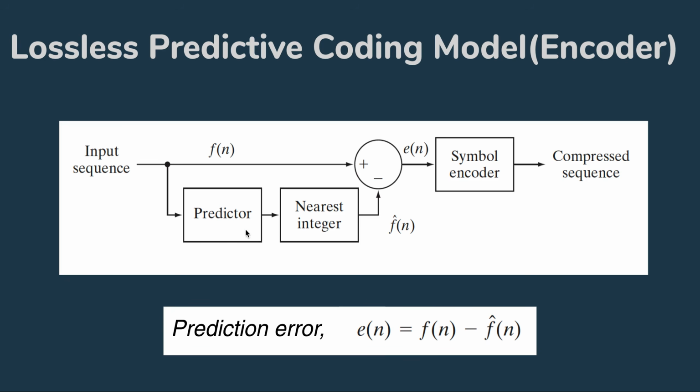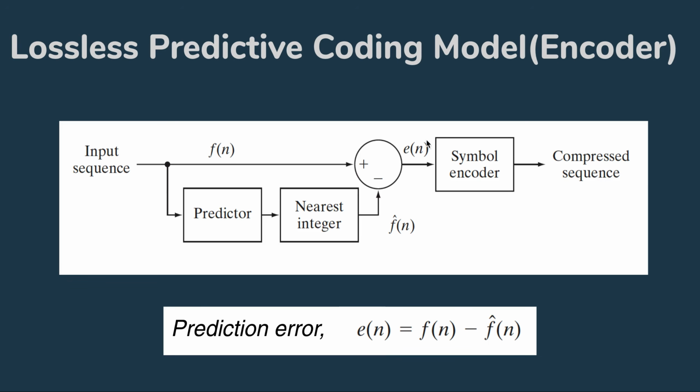The predictor will be taking the values of f of n or its previous values, then it will calculate a new value, and we will round off that new value and call it f hat of n. Then that f hat of n and this f of n will be utilized to calculate e of n, and we will be encoding only this error function for the compressed sequence.